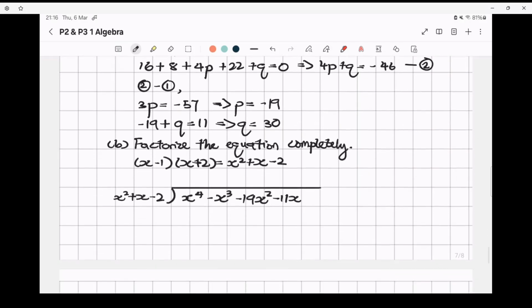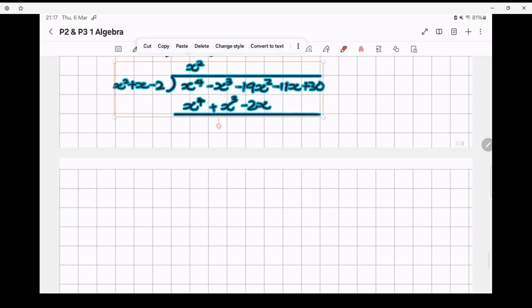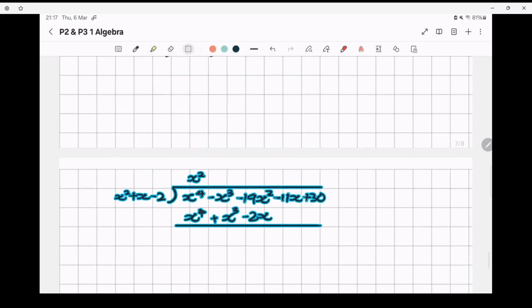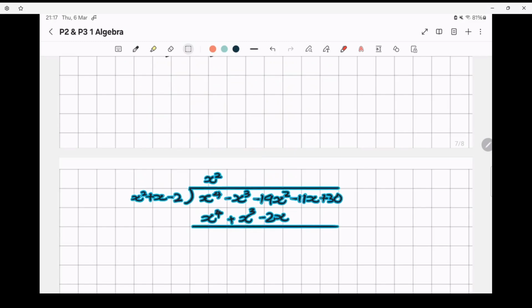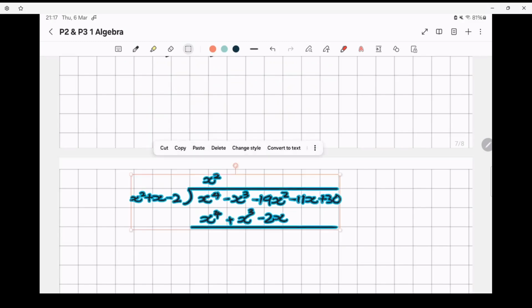Q is 30. So then over here you have x squared to get x to the power of 4 plus x to the power of 3 minus 2x. So probably I should move the whole long division down so that my equation does not get cut off.